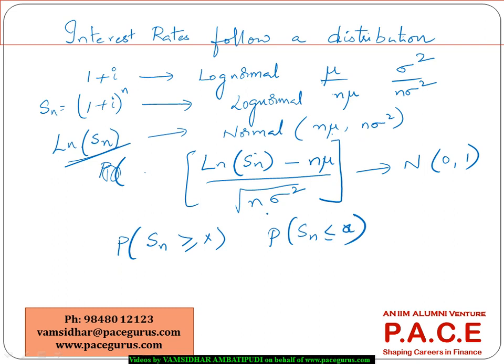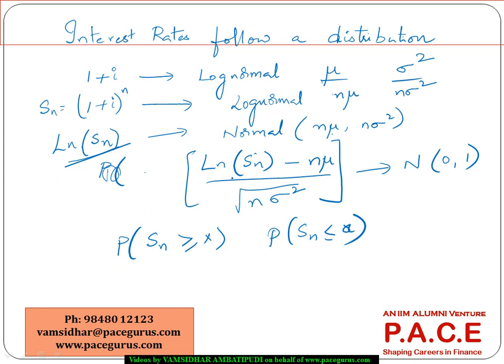So that is giving me that this is following a normal distribution with the mean 0, variance 1. So from here I can very well find out the probability of Sn less than something or greater than something by finding out this z value and trying to map this z value against a z table, trying to find out the probability of the value lesser than that or greater than that kind of scenarios.